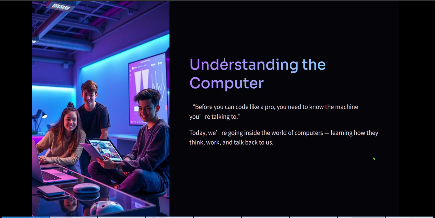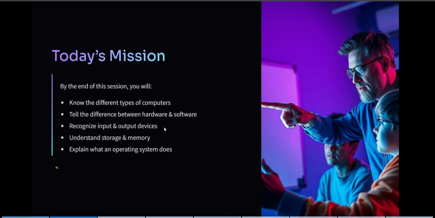So, after understanding what computer is, today's mission, what we look towards to accomplish by the end of this session, is that you know the different types of computer that we have, right?